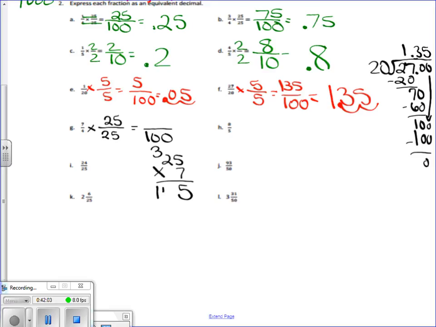And 7 times 2 is 14 plus 3 is 17. So 175. Bring that in 2 spots. If I had 7 quarters, this would be $1, and 3 extra quarters would be $1.75.